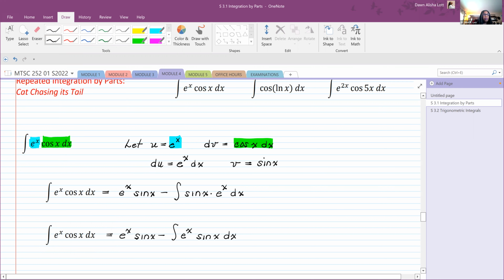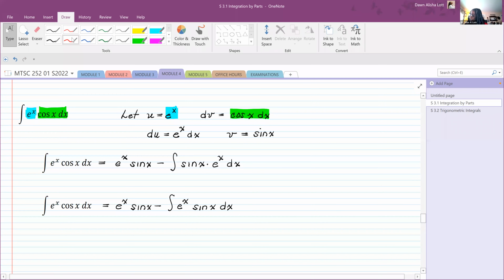This integral is just as difficult, and similar to my original integral. That's why I call it a cat chasing its tail: I'm trying to find the integral of e to the x cosine of x, but I also now need to find e to the x sine of x dx. So let's find that one.